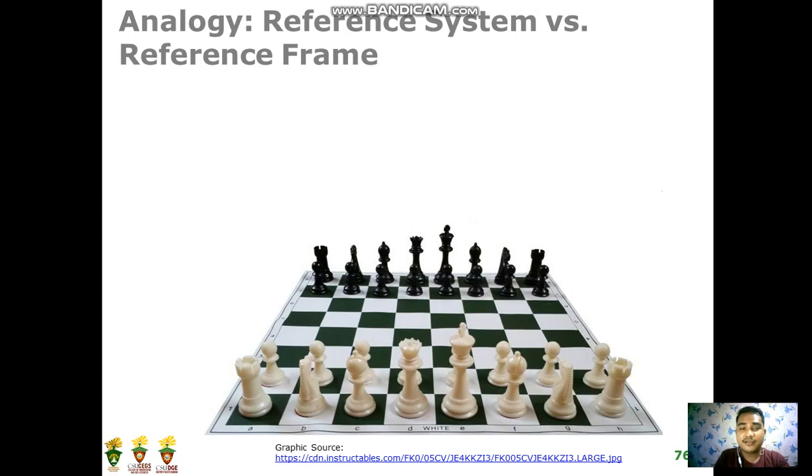Another analogy of the reference system versus the reference frame is a chess board and chess pieces.